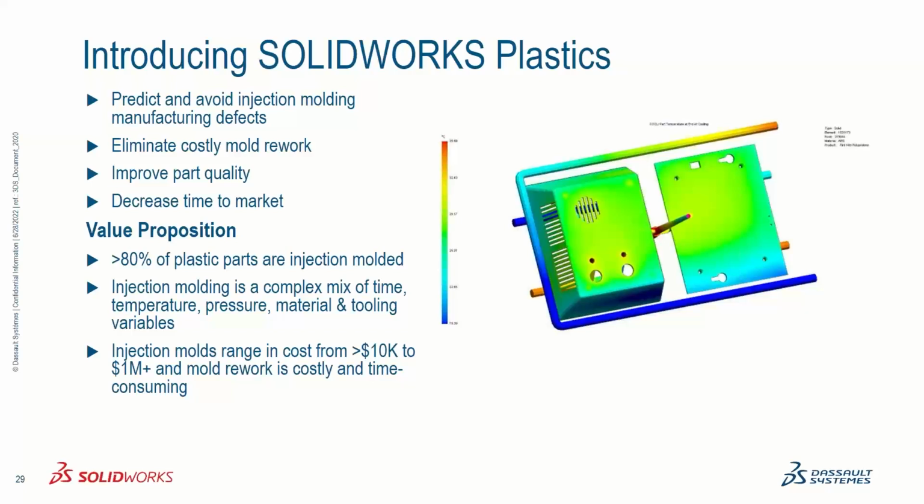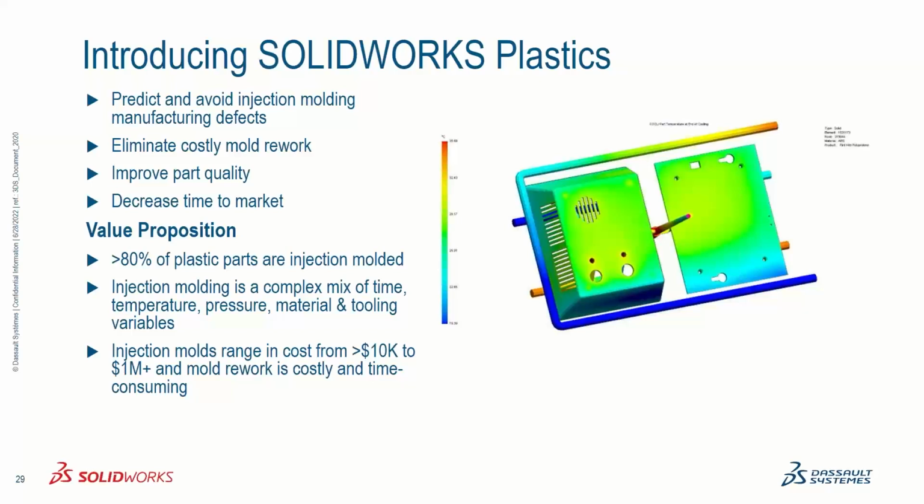The value proposition is quite simple. We estimate up to 80% of all plastic parts that are manufactured are manufactured using the injection molding manufacturing process. As we quickly reviewed, the injection molding manufacturing process can be quite complex.